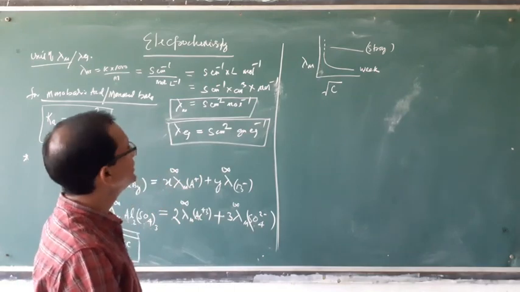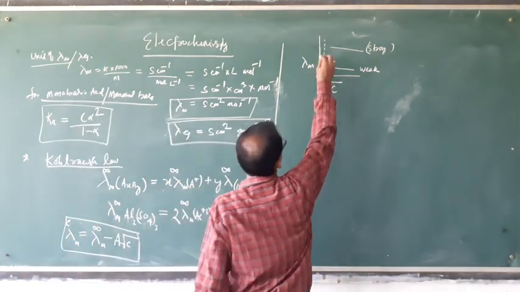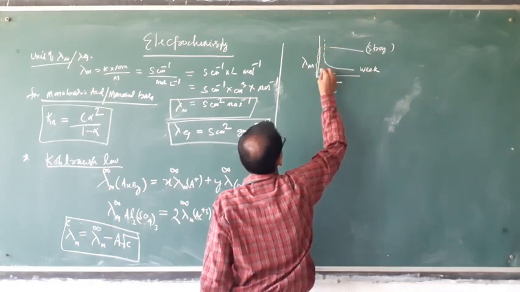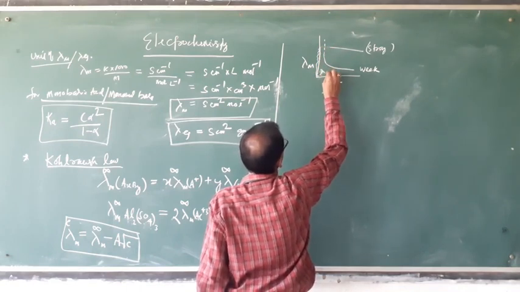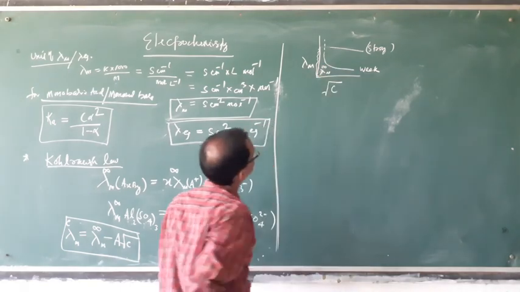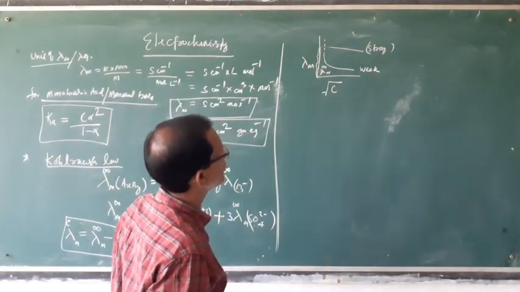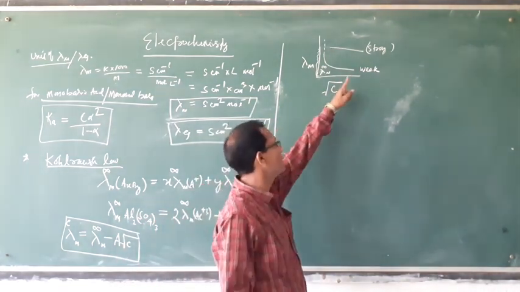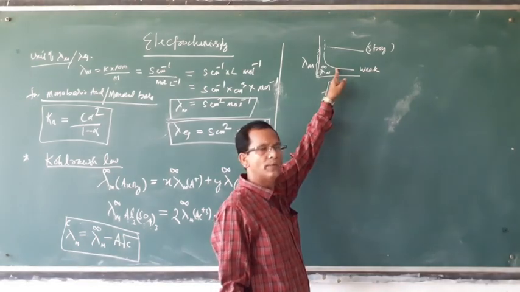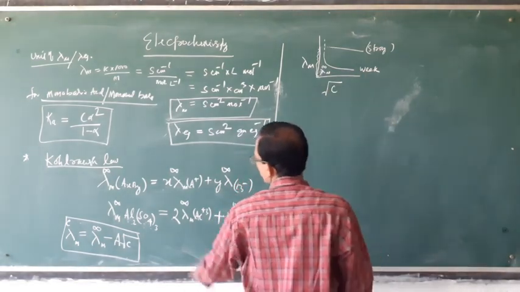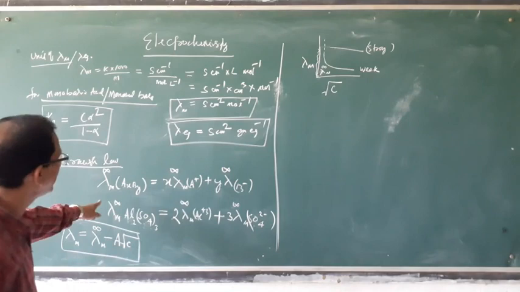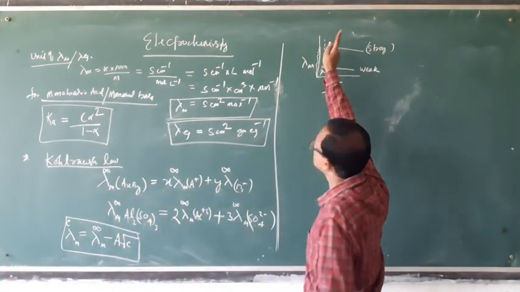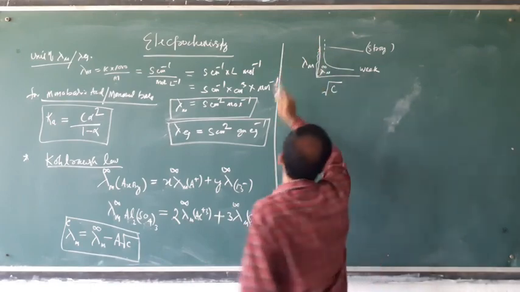So graphically, this will be lambda m infinity, up to this, for a strong electrolyte. For a weak electrolyte it is not possible. So for calculation of lambda m infinity of a weak electrolyte, we have to take the help of Kohlrausch's law. We can calculate lambda m infinity of a weak electrolyte this way because the curve is not touching the lambda axis.